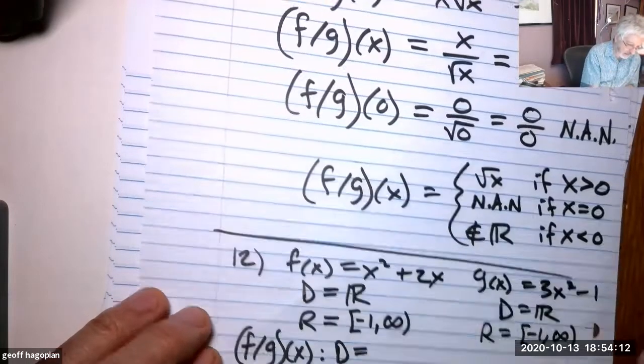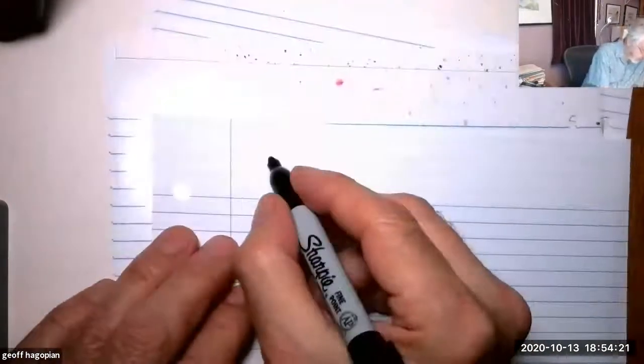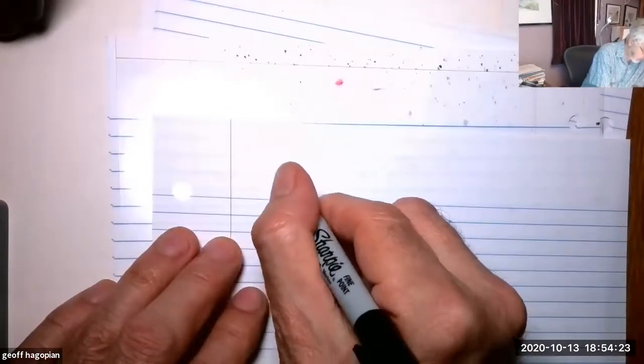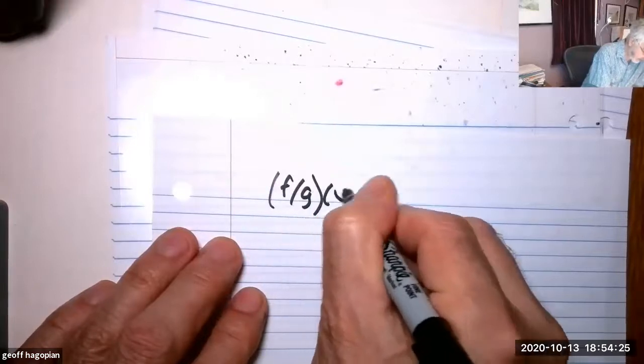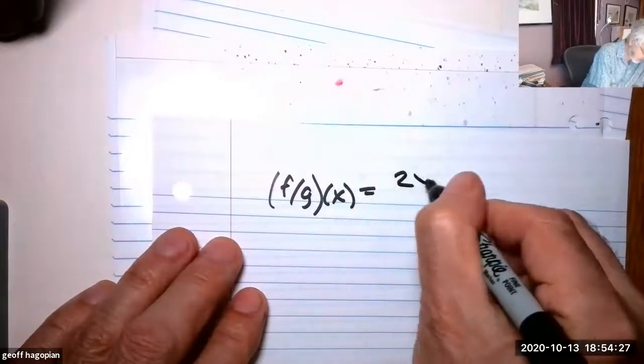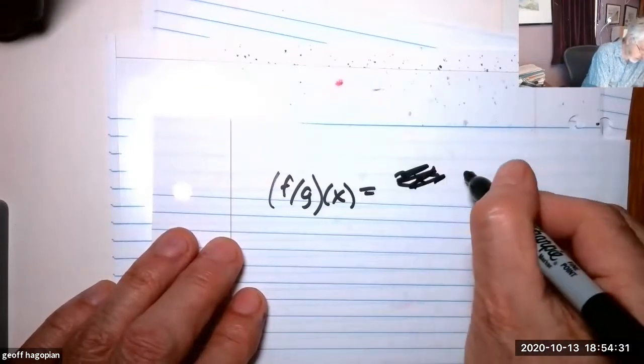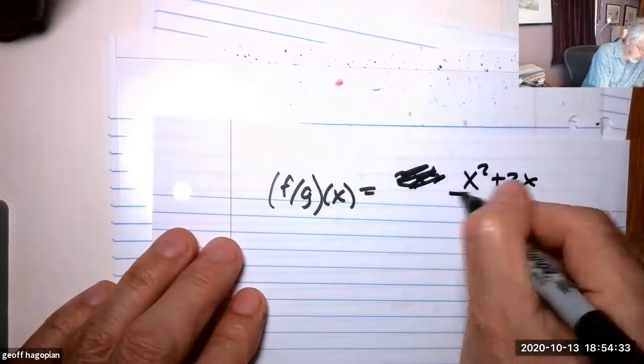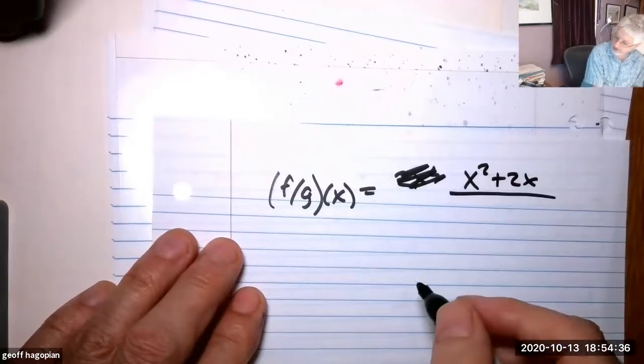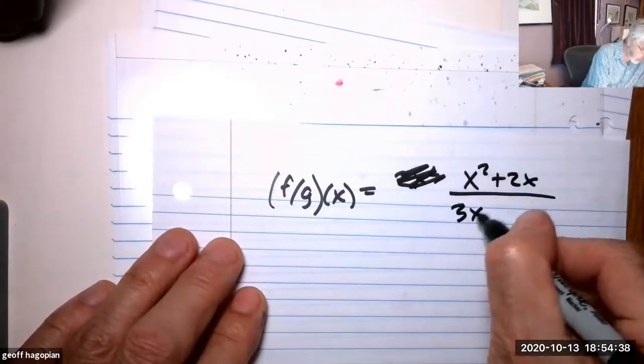Right, I didn't leave enough room for this. Let's go ahead and rewrite it on another sheet here. So with these functions, we've got f over g, and I can spread this out a little bit. So this is going to be 2x squared plus 2x, and on the bottom we have 3x squared minus 1, right?